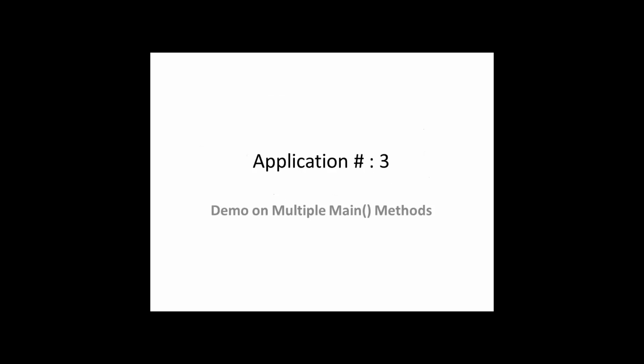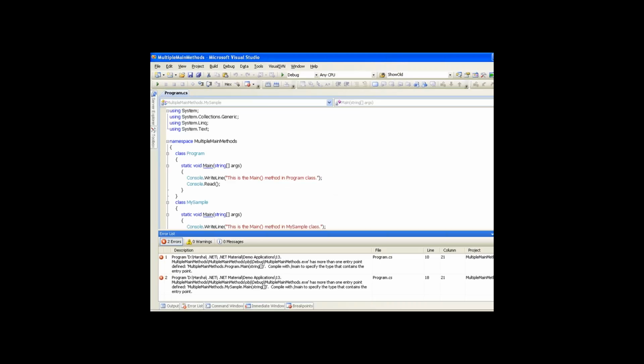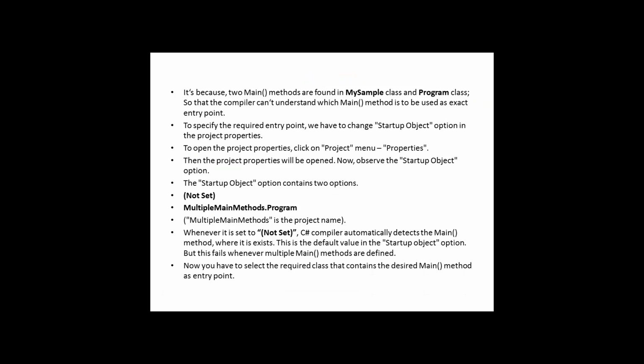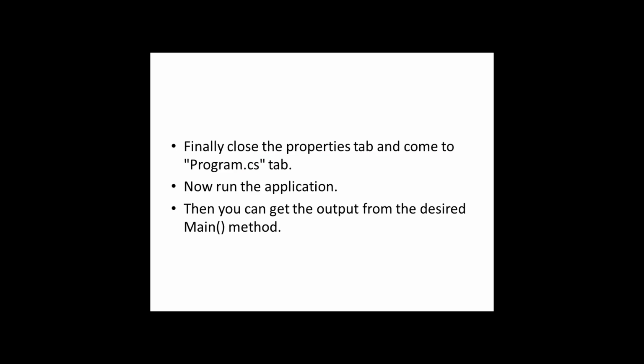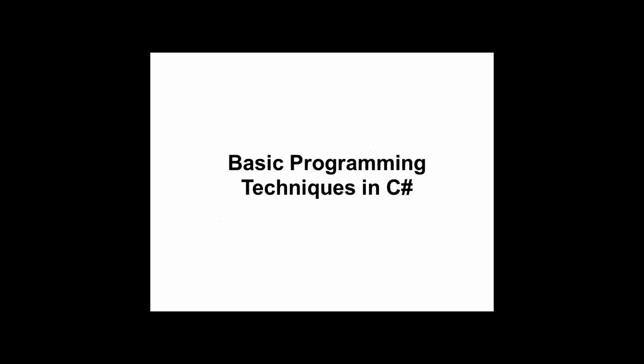Just now we saw the third demo application, multiple main methods, how the issue comes and how we can resolve it. I gave clear steps. Don't worry, I included them in my PPT too. Just follow the steps and you can resolve that issue.